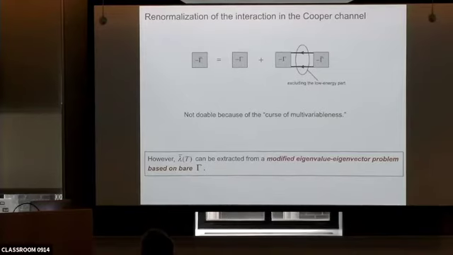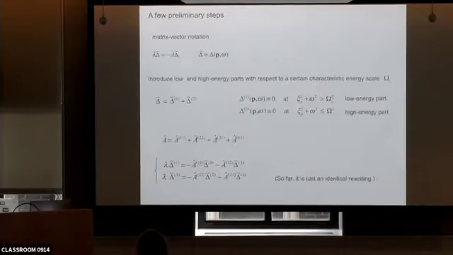In effect, we will solve the effective theory without explicitly renormalizing the interaction. This is the main achievement of the work which I'm presenting, as long as we are talking of diagrammatic Monte Carlo.